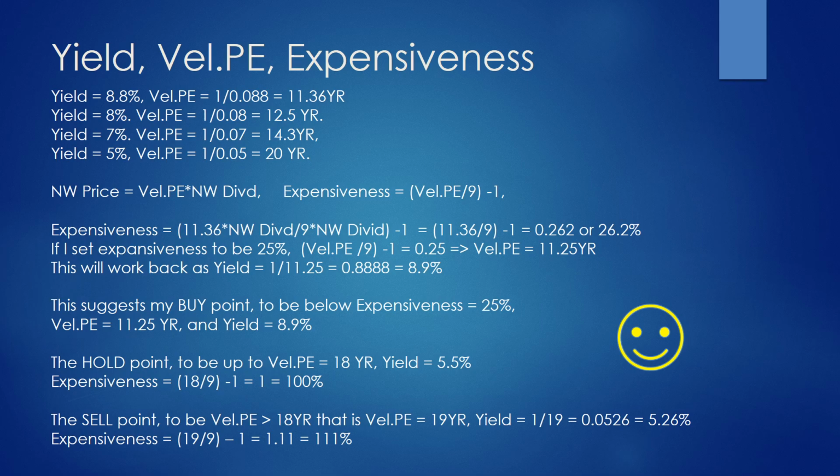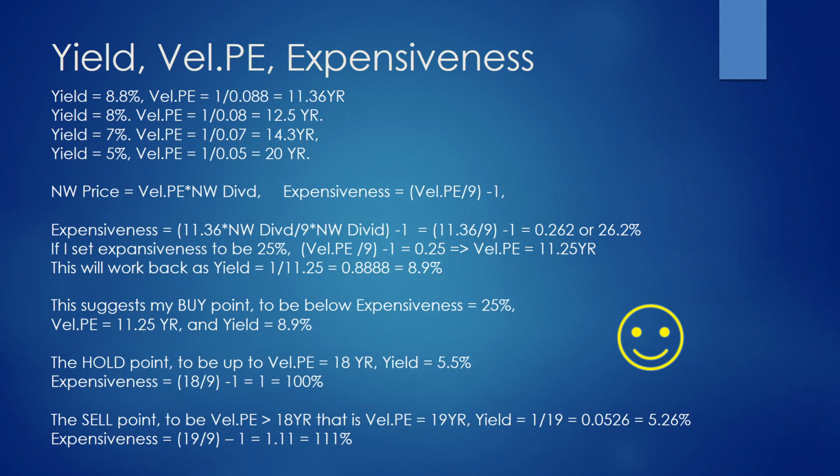If I set expensiveness to be 25%, then velocity PE divided by 9 minus 1 equal to 0.25. This gives velocity PE equal to 11.25. This will work back as yield equal to 1 over 11.25 equal to 0.0888, equal to 8.9%.